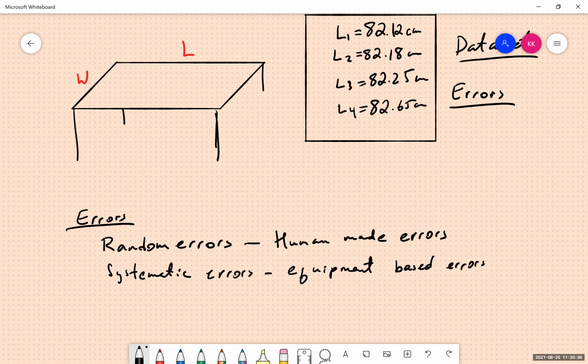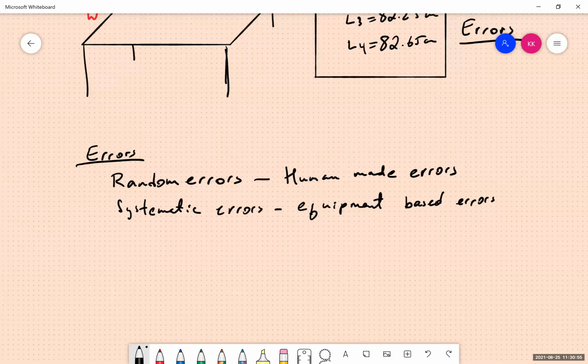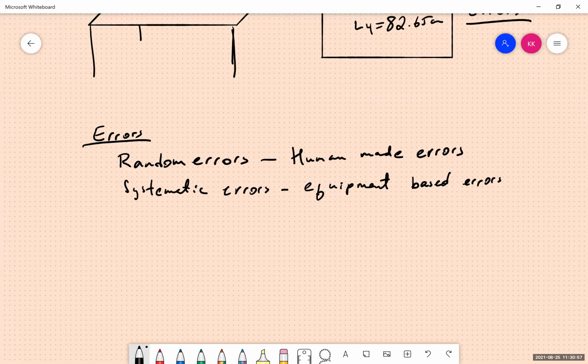Okay, now let's look at this. You have a data set now, 4 measurements of the length. What will be the next step as a group? Well, you don't want to come to me and tell me that we have 4 measurements of the same thing and you can choose which one you want. No, what you do as a group is take that and make it a table of measurements.